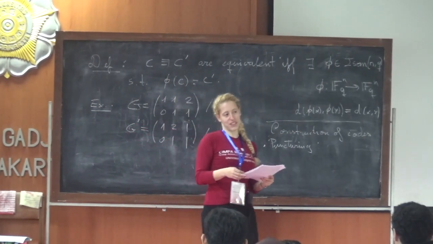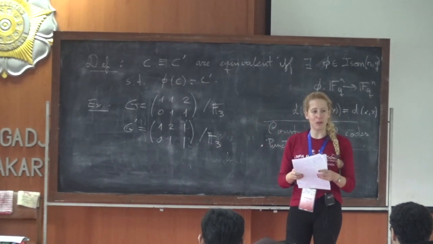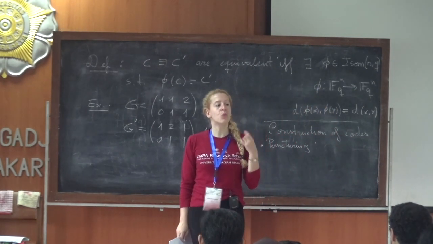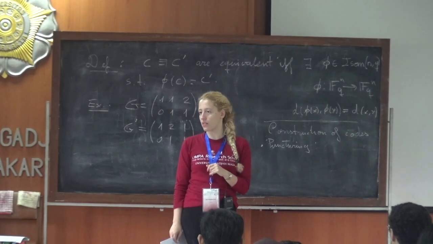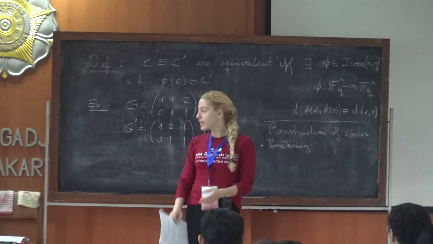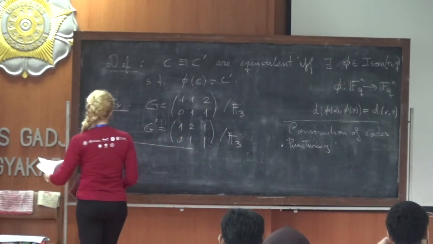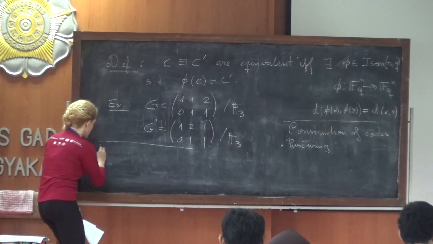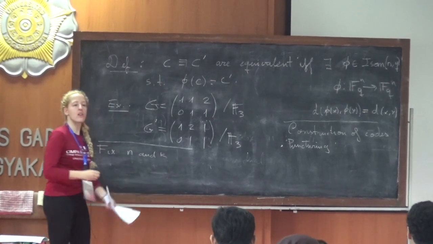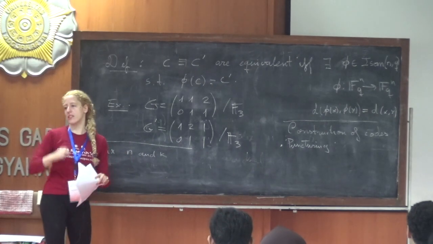Why is it interesting to be able to construct new codes? Again, I'm repeating myself, but it's the important thing. From the Hamming point of view, what do you do in coding theory? You want to construct codes with good properties, because later you want to use them for different applications, as we saw. So I'm going to write it again. Normally, you fix the length and the dimension, and you want to find a code with the maximal minimum distance.